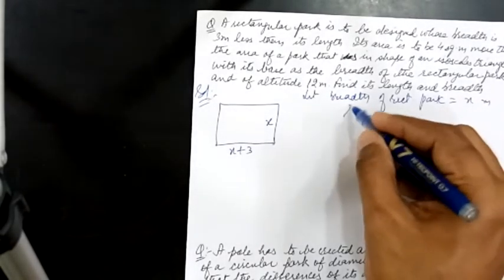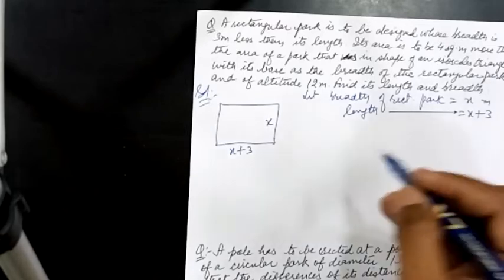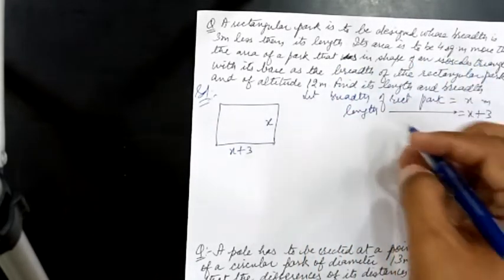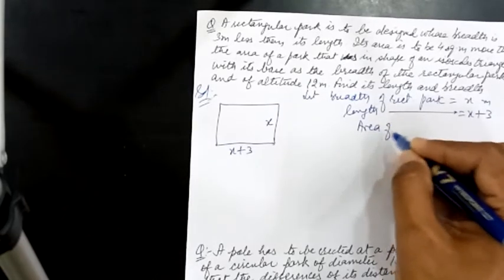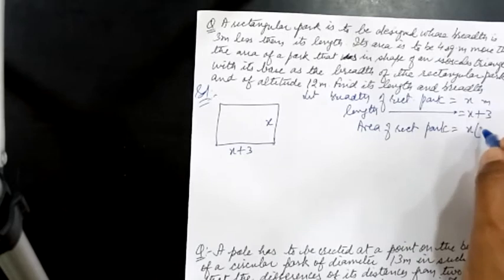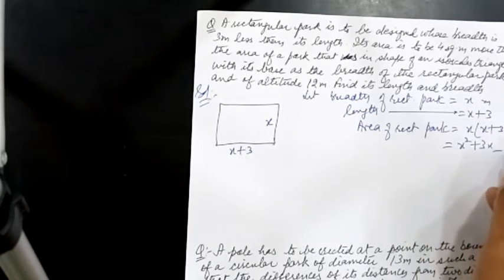Got it? So length will be x plus 3 meters. Now what will be the area of this rectangular park? It is length into breadth, x into x plus 3, so you get x square plus 3x. This is the first equation.